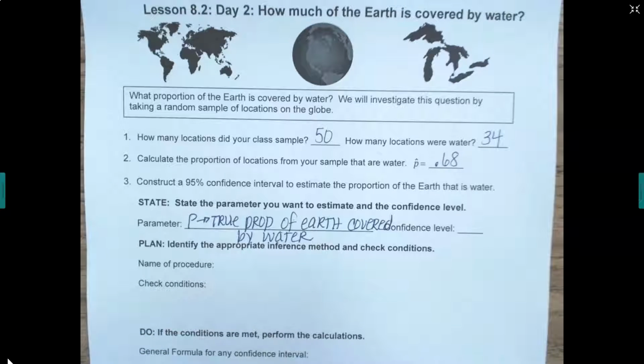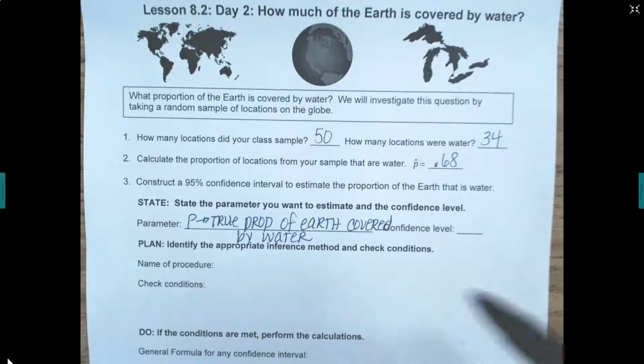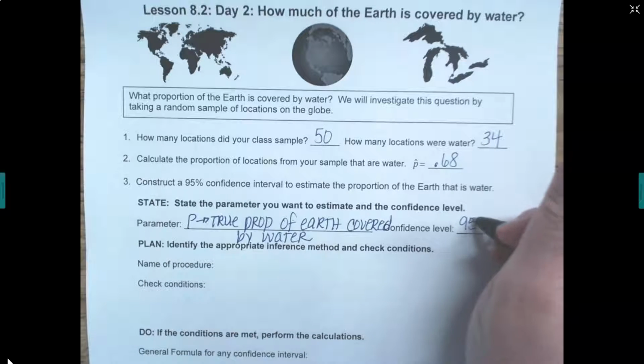And we want to have a confidence level of 95%.